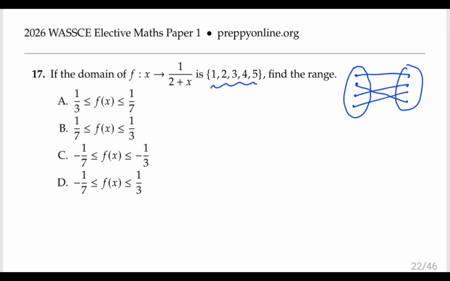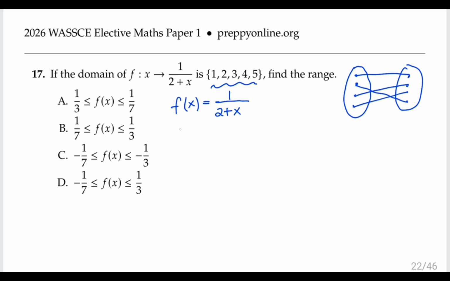That's the kind of idea we're dealing with. So we're just going to substitute the values. If you have that, we can write this as f of x is equal to 1 over 2 plus x. So you put in the individual values.